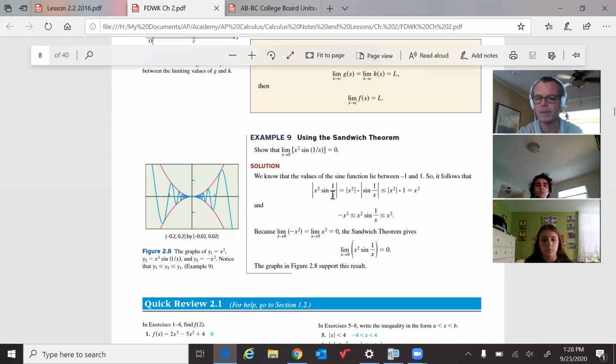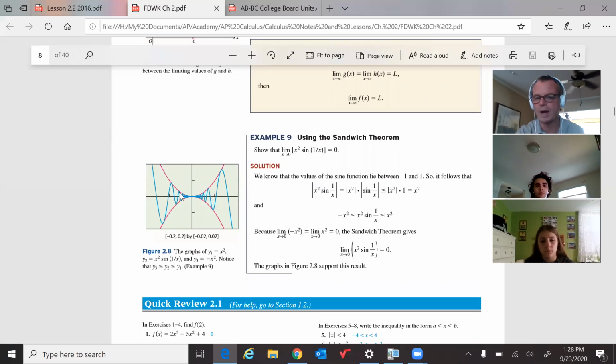Oh my God, how could I find that? So they're saying, you don't have to worry about this, but it's been done. You don't have to worry about where they get these. This has been bordered by y equals x squared at the top and y equals negative x squared at the bottom. And the blue graph is just bouncing back and forth between the two red graphs. So as you go to 0 from the right, 0 from the left, that's going to take on the same behavior as the red graphs.